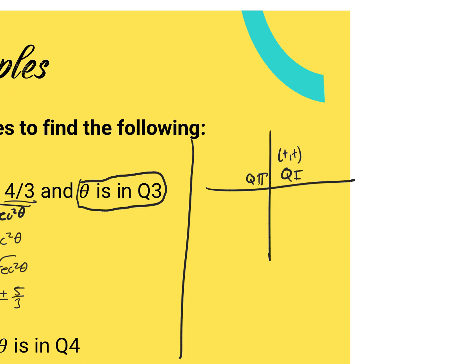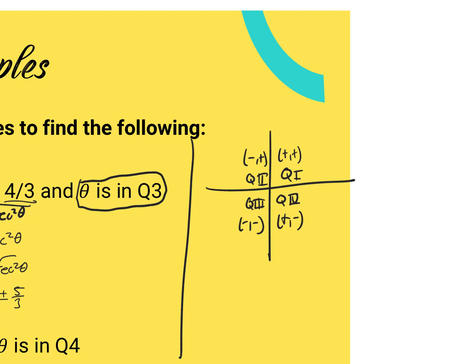In the second quadrant, x is negative and y is positive. In the third quadrant, both x and y are negative. And in the fourth quadrant, x is positive and y is negative.